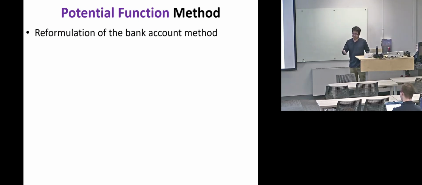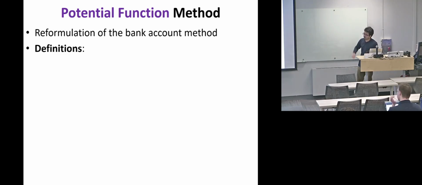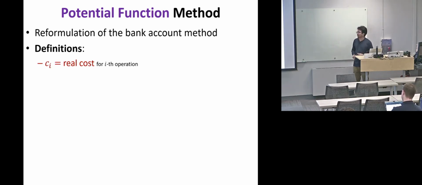So now let's look at another one, the potential function method. And this is again kind of a reformulation of the previous one. But here we'll give some more formalization to it. Okay, so I give some definitions. Let's say that c_i is the real cost for the ith operation.